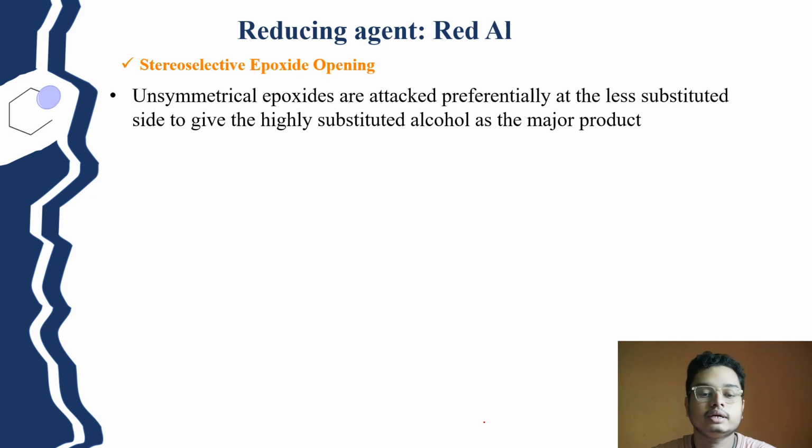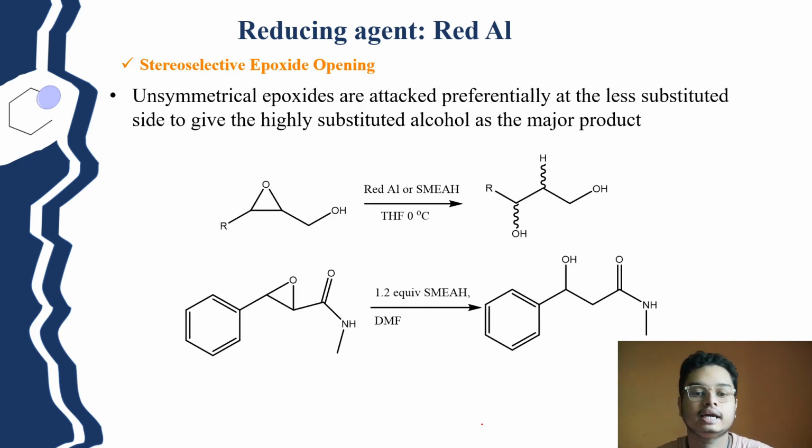And also it will do a stereoselective epoxide opening. When unsymmetrical epoxides are there, the hydride attacks preferably at the less substituted site to give the highly substituted alcohol as the major product. Like here you can find that between these centers, depending upon the R group, this is the less hindered.